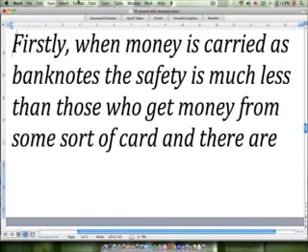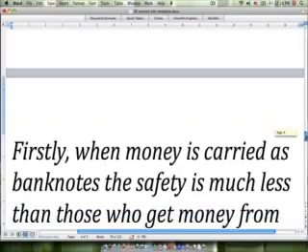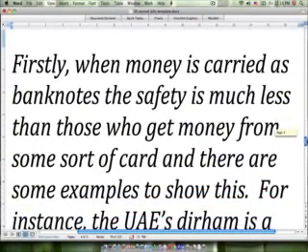Okay. The first sentence reads, "Firstly, when money is carried as banknotes, the safety is much less than those who get money from some sort of card, and there are some examples to show this." Now, this sentence is needlessly long.